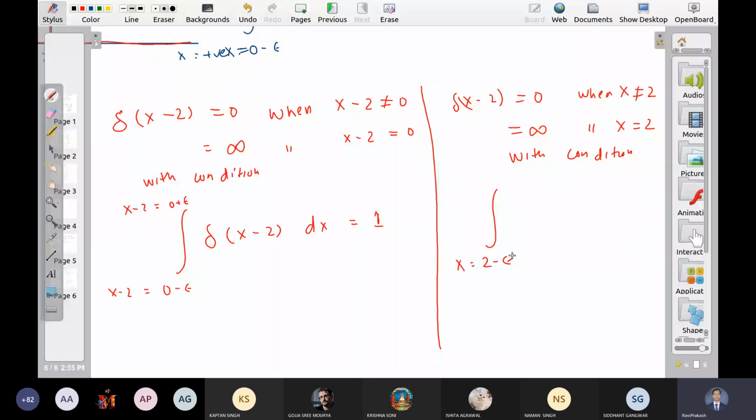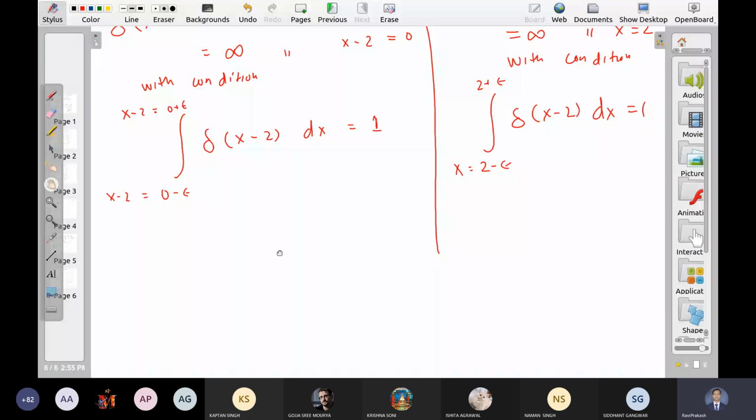Or if you wanted to see on the graph, this is x-axis, this is y-axis, this is 1, this is 2, this is 3, this is minus 1, minus 2 and so on. Dirac delta looks like this. It is 0 everywhere.